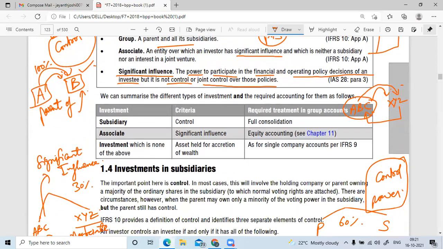Now let's go ahead. They have given a very small tabular representation here. Whenever a parent has a subsidiary, the parent has control, and you are going to prepare consolidation, that means group accounts.